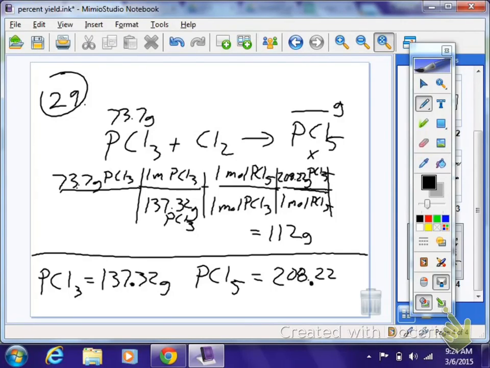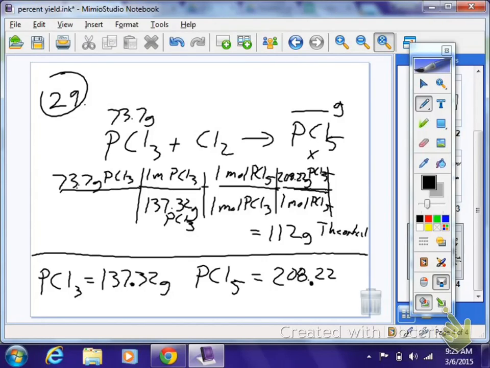Is that what you got? Okay. So that's what you'd end up with. So that is what's called the theoretical yield. That right there, that 112 is in theory. If we produce 100%, this is theoretical. You can always find theoretical if you're given an amount of a reactant that you can go through and solve for the theoretical.